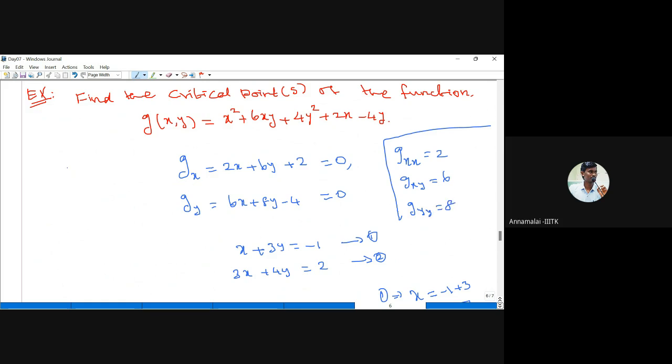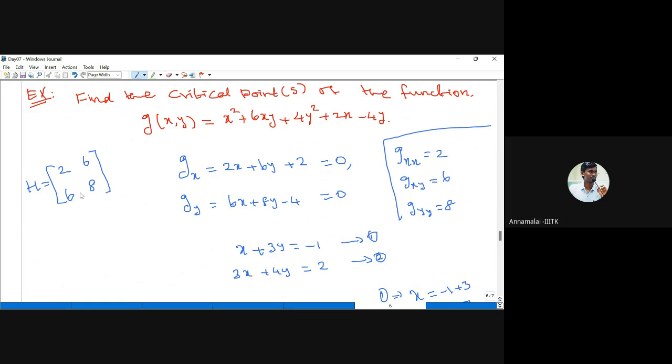Now, what is the matrix H? gxx, that is 2. gxy, that is 6. gyx also we get 6. And gyy is 8. Now, here there is no x or y. So therefore, this is the Hessian matrix of the function g at any point because the matrix does not contain any variables x, y. Okay.